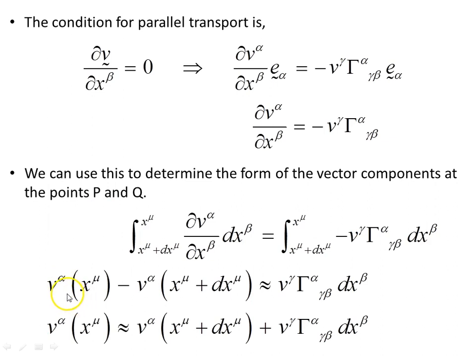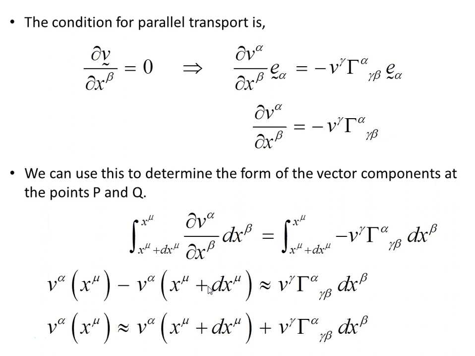Okay, on the left here, given this is an infinitesimally small displacement, we have the vector at x^μ and the vector at x^μ minus dx^μ. This is only approximately true in the case that dx^μ is small, so there's an infinitesimally small difference between them. You can't normally add and subtract vectors on a manifold at different points.